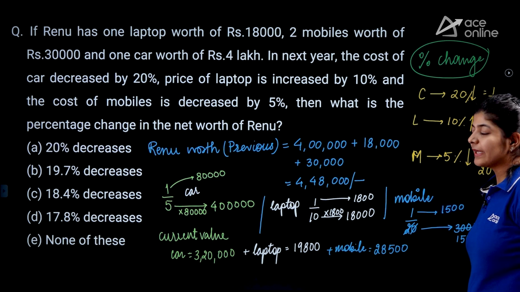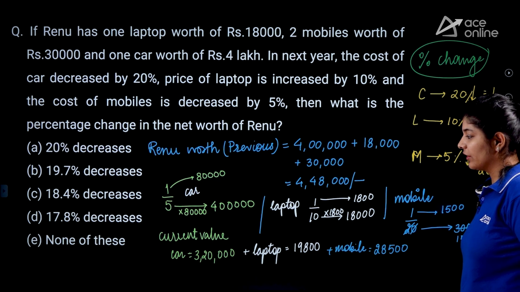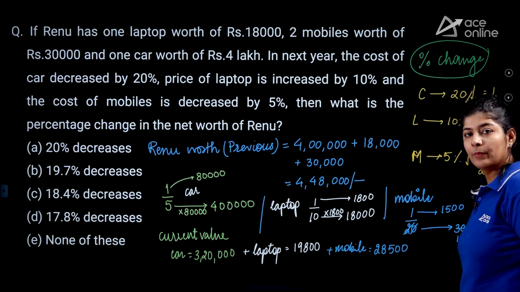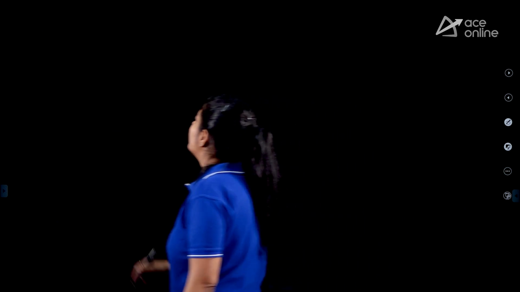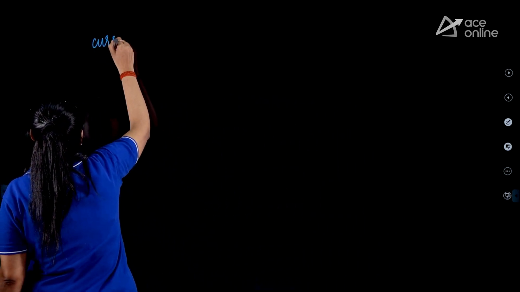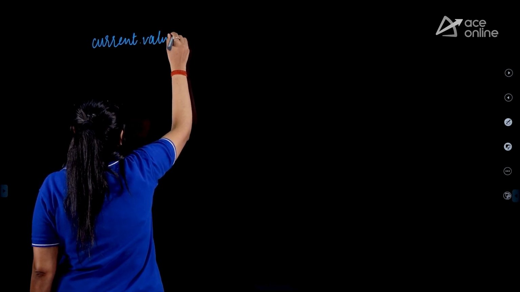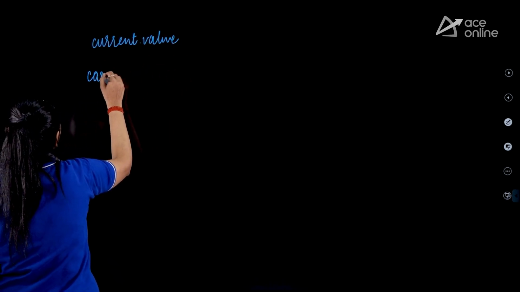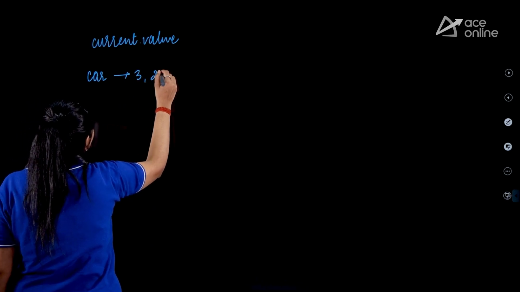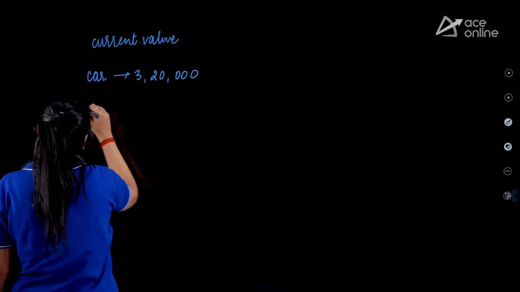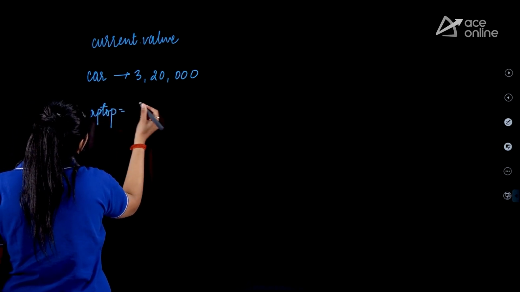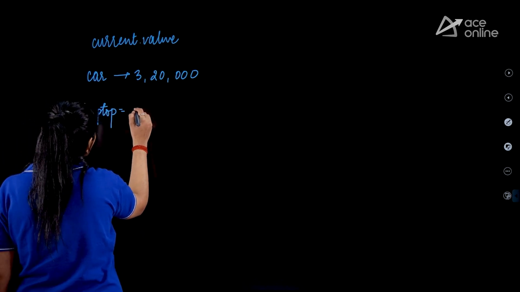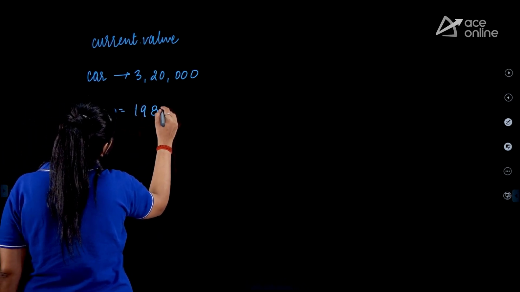So these are the current values that we are having for the car, laptop and mobile. For the car, it is 3,20,000. For the laptop, it is 19,800.